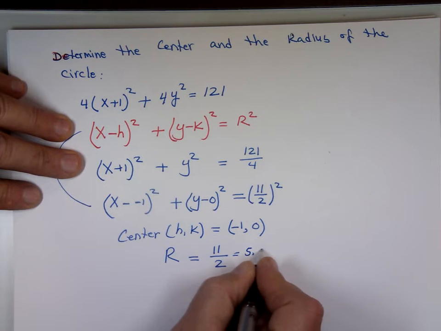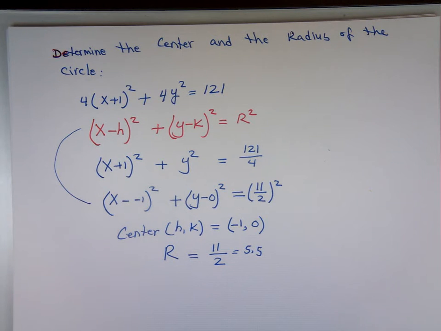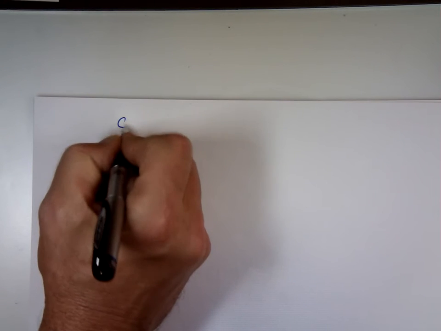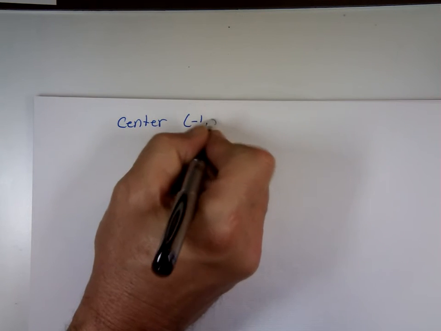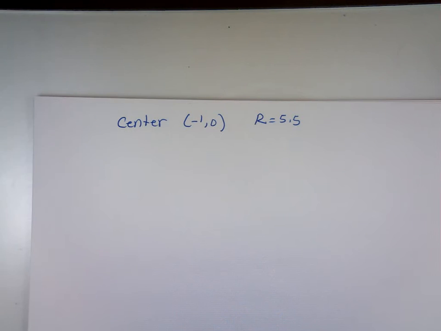Yeah. So if I decided to graph that circle, I need to go to my next sheet. I know my center where? Negative 1 comma 0, and my radius is 5.5, right? Let's see what it looks like.